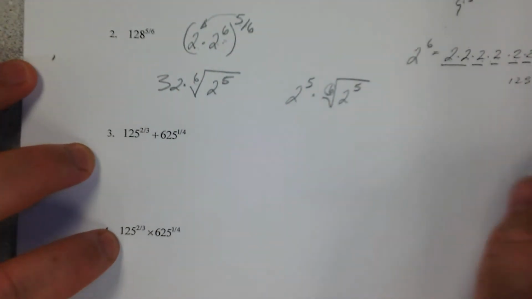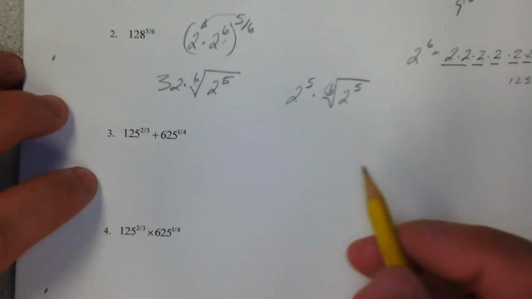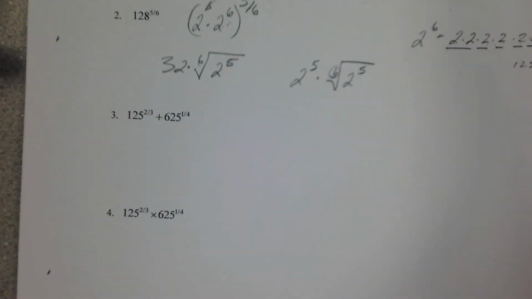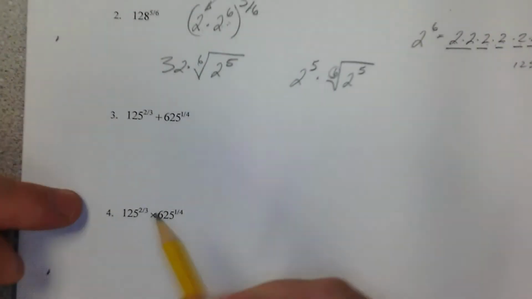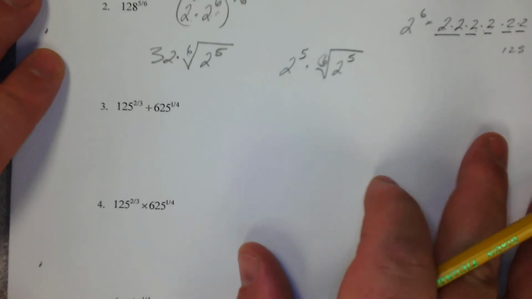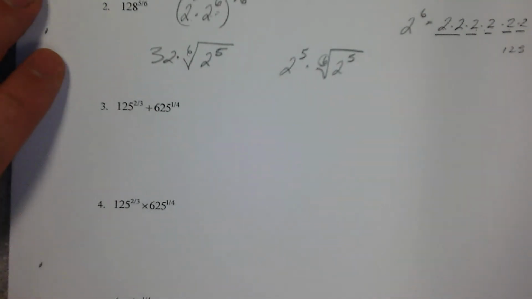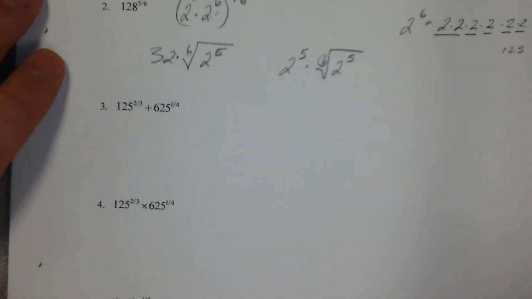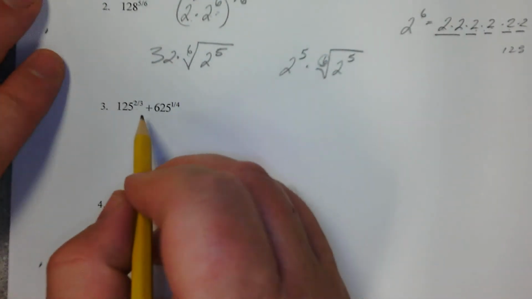Okay. Now, next up, Buttercup. This you can't add, not the way they're written right now. You can multiply, but you can't add these together, not unless they become like terms. Because of the order of operations, you have to take care of exponents before you can do addition, right?